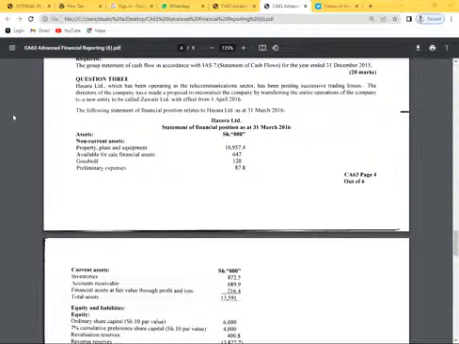Then I go to the current assets. What do I have? I'm just copying those names the way they are. Under current assets, I have inventory. After inventory, I can see accounts receivable.